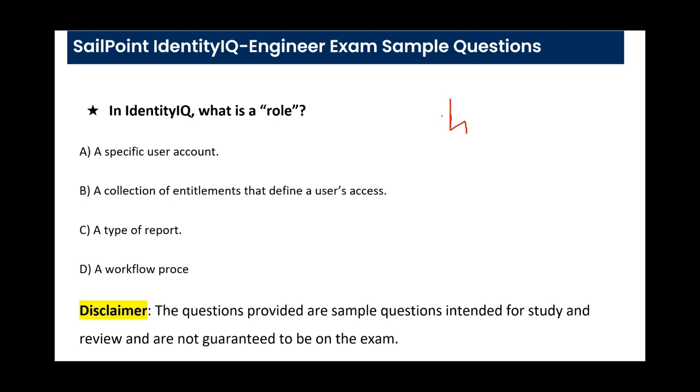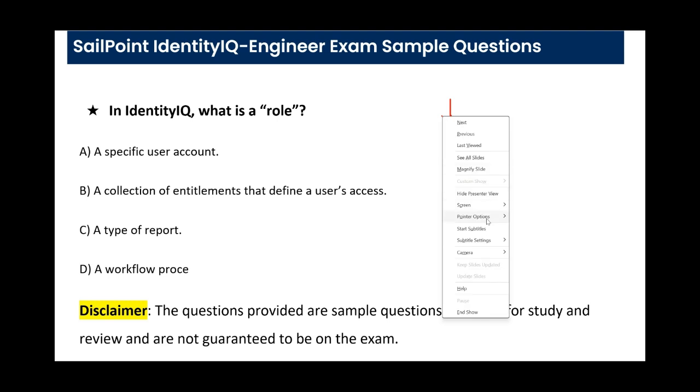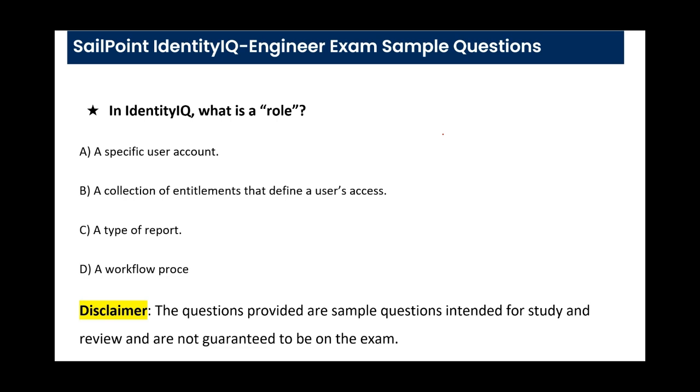So what kind of architecture do we follow in SailPoint? Excellent, Piyush. Yeah, it's a two-tier role model architecture, right? Every business role will have certain IT roles in it. So we do follow the two-tier role model architecture.